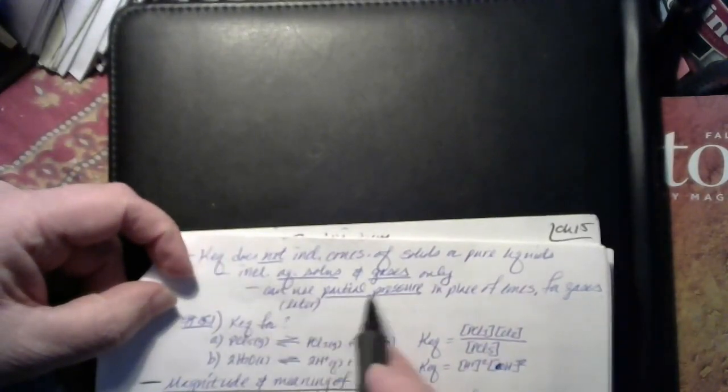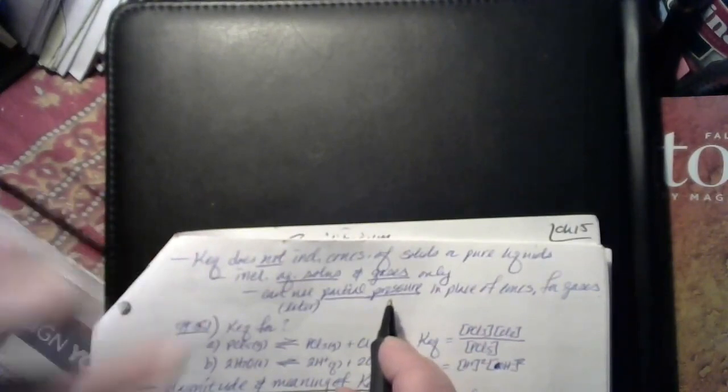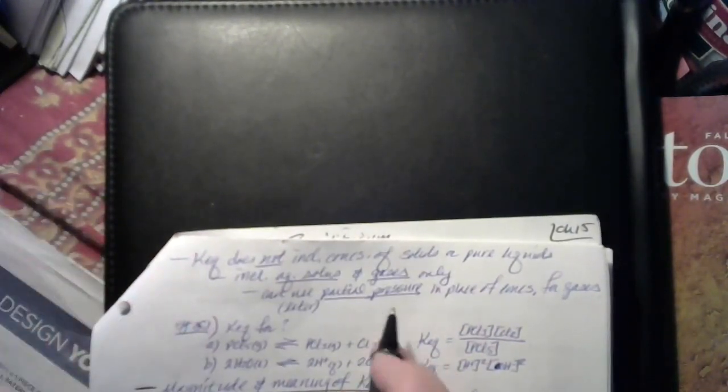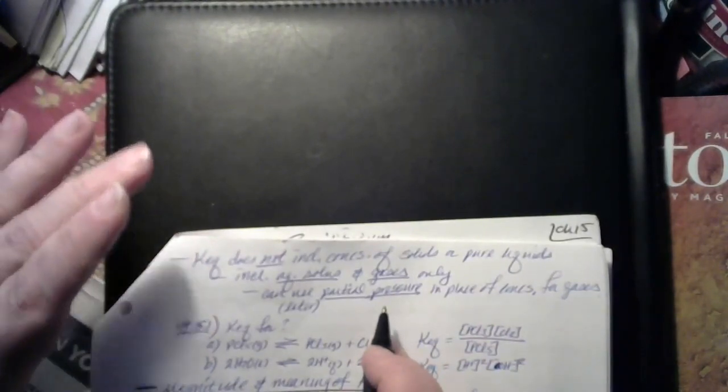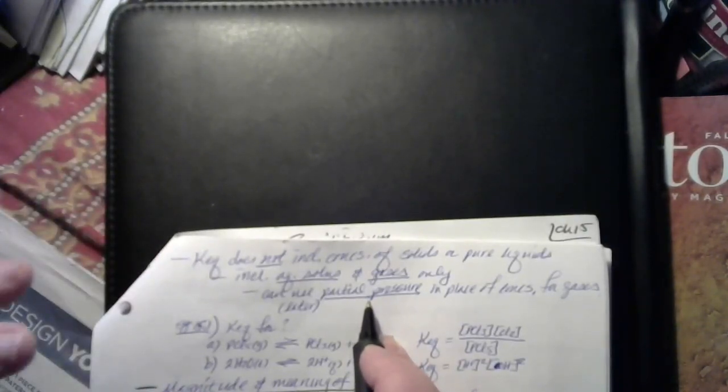You can also use partial pressures for gases, but you can only do that in cases where all of the reactants and products are gases. It will give you a different number than using the concentrations. But again, that equilibrium constant in terms of partial pressure will always be the same for that reaction at that temperature.